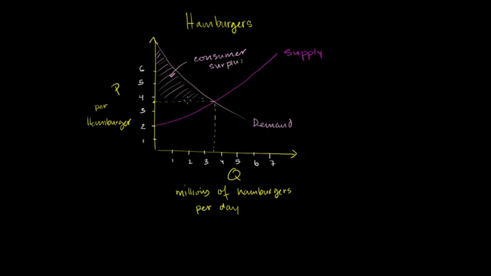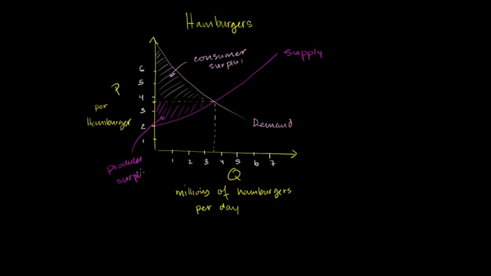And between this price equals $3.75 line and the supply curve, you have your producer surplus. This is how much more the producers are getting for each hamburger relative to their opportunity cost of producing that incremental hamburger. So this right over here is the producer surplus.